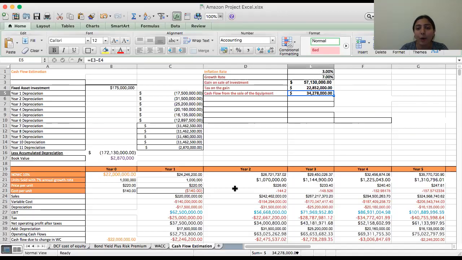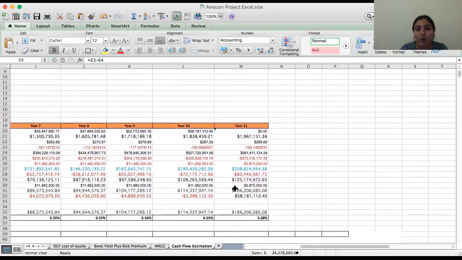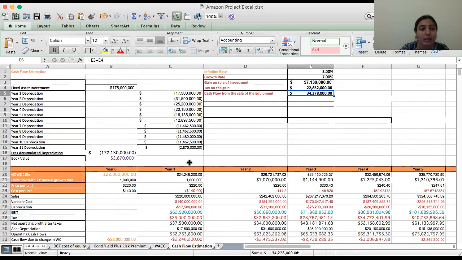One last and important thing, for finding out the 11th year depreciation, I multiplied it by 0.5. Otherwise, I would get my book value 0. We have to assume that this will go on for further years. This is not the end. This will go on for the further years.